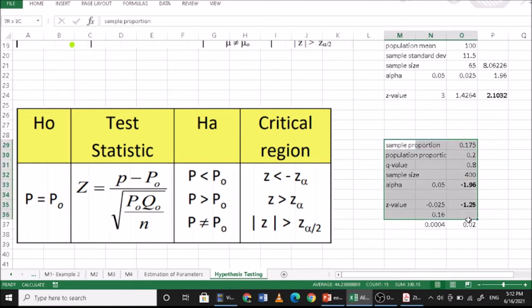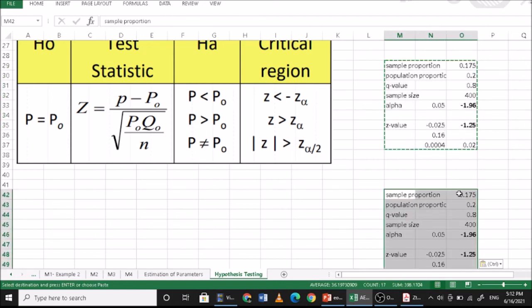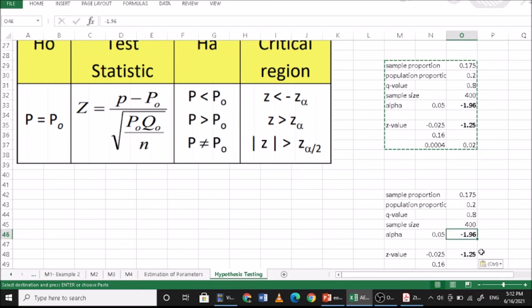Okay, so let's copy this whole thing. The sample proportion now, our test is Z greater than Z alpha. Since it's Z alpha, the value earlier is 1.645.